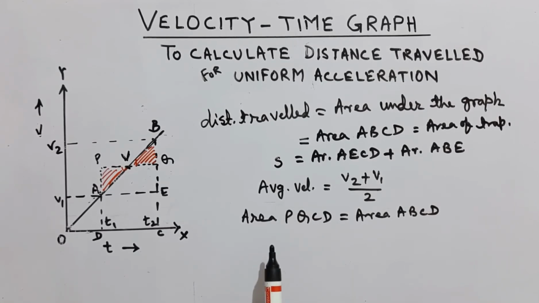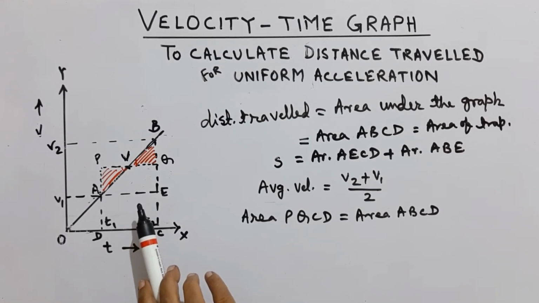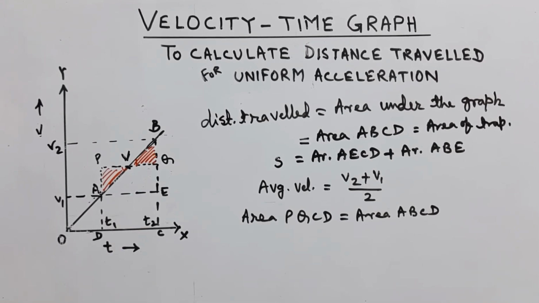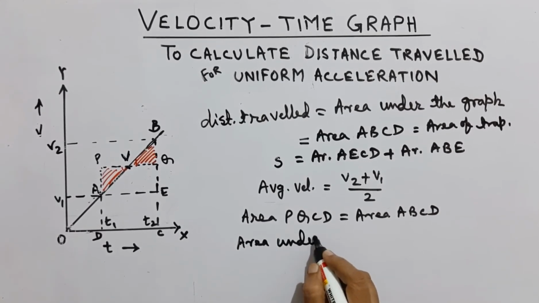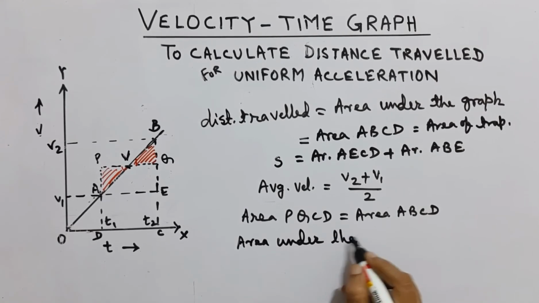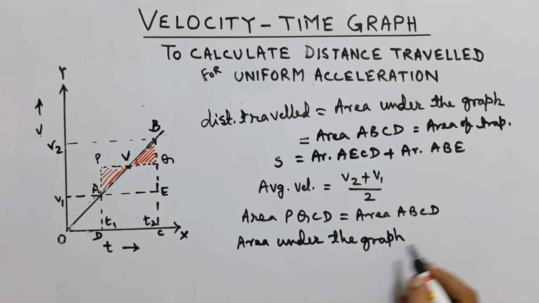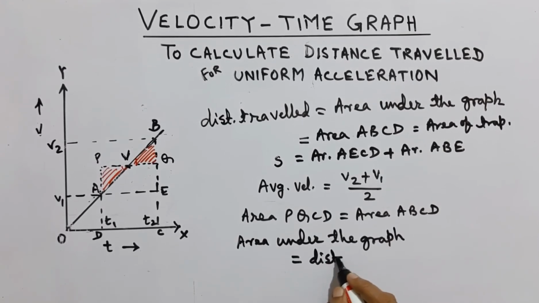So we can calculate the distance travelled by the object by calculating the area under the graph. So in all cases, area under the graph is equal to the distance travelled.